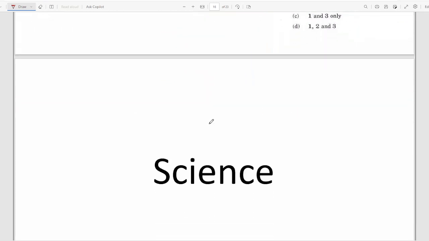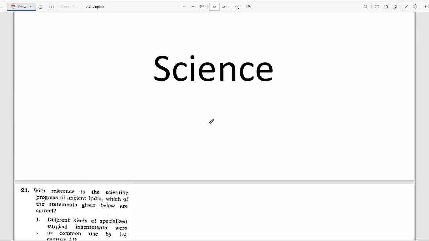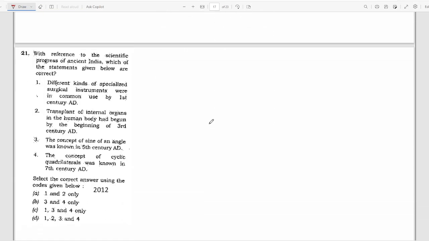Moving to the next section, that is Science and Technology. In 2012, they had asked, with reference to the scientific progress of ancient India, which of the following statements given below are correct? So they're talking about the scientific progress, that is, what have they achieved scientifically?